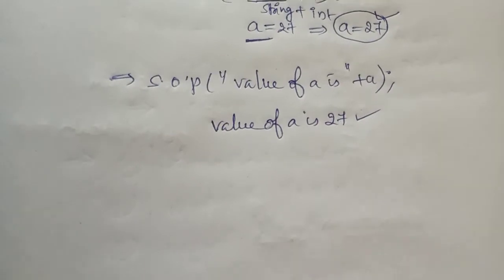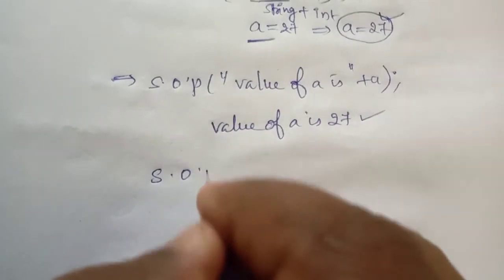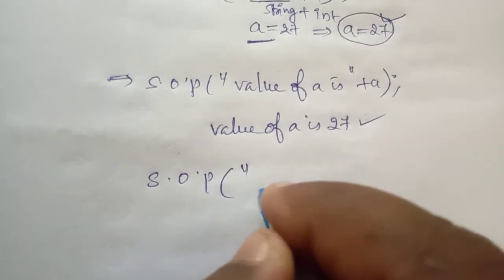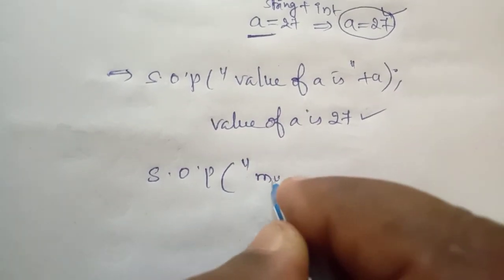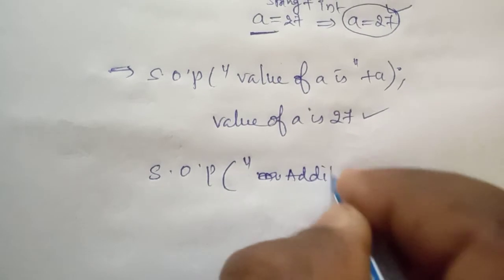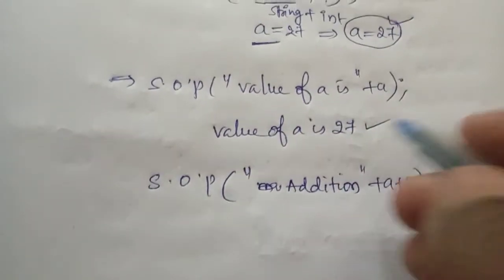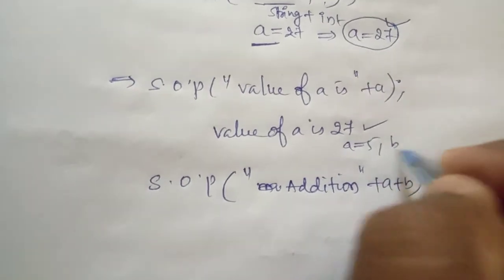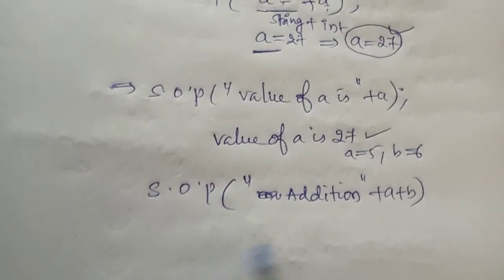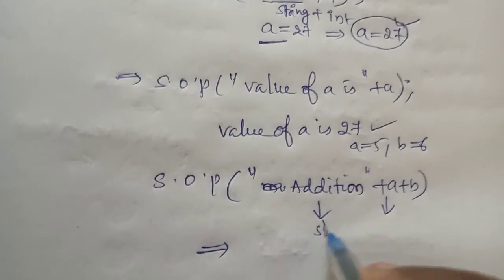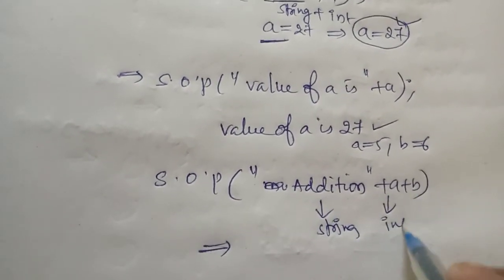For example, I am writing like this: system.out.println addition equal to, here a value is 5, b value is 6. What is the answer you will get? Here you have string plus integer, so you will get a string.